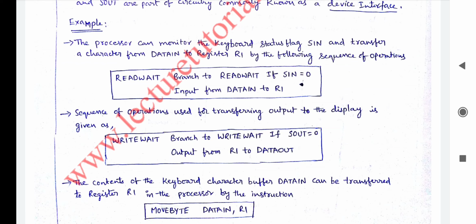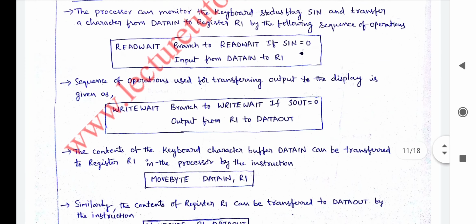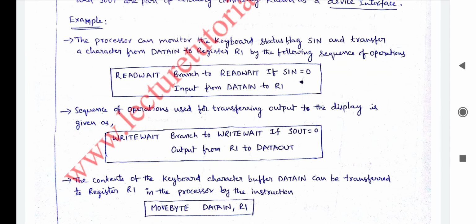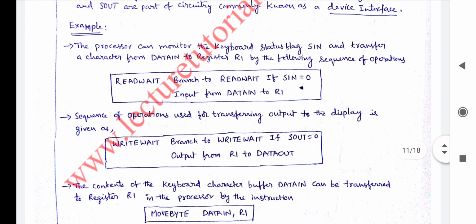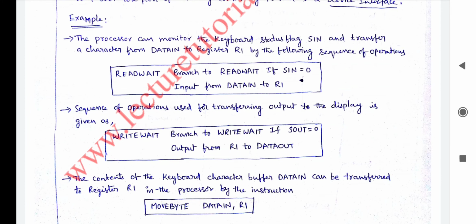Then input from data in to R1. When the status flag S in is set, the character in data in is moved to register R1.